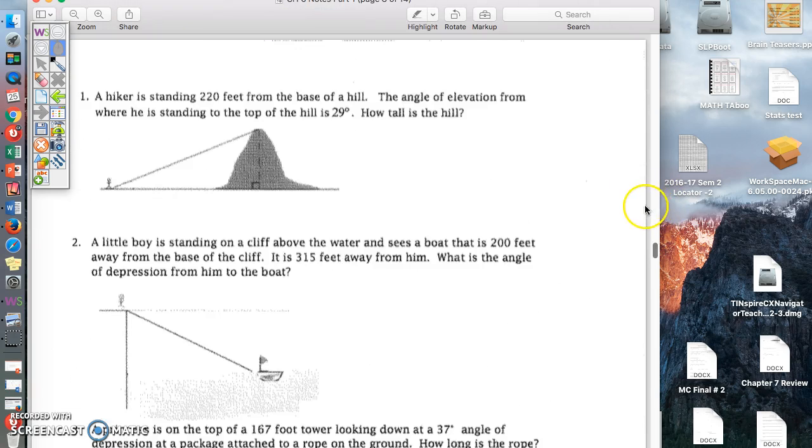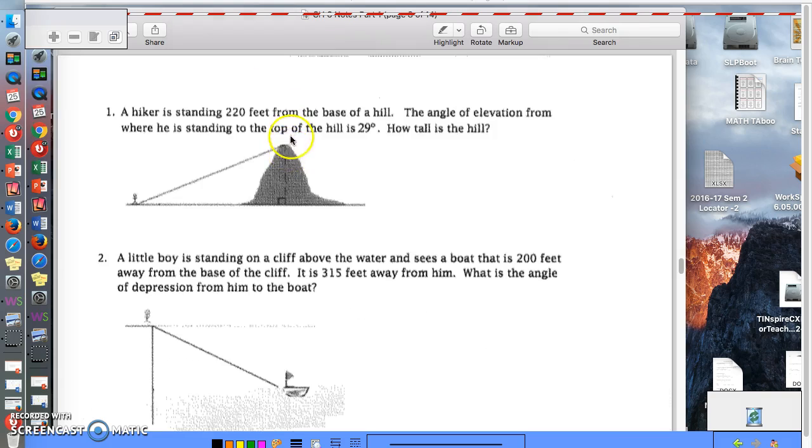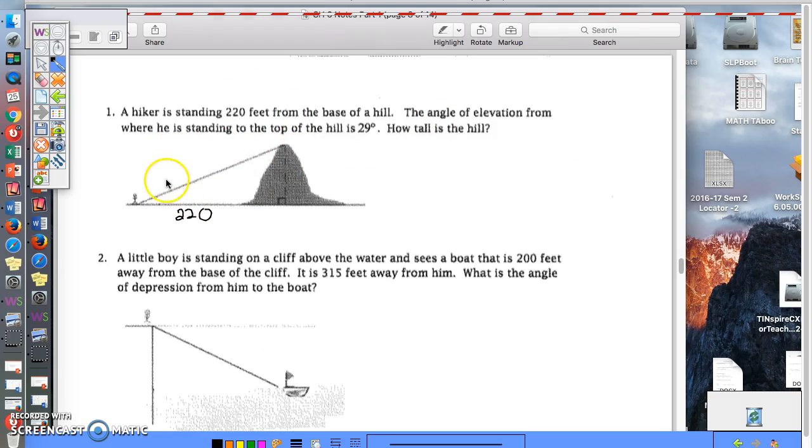So on the back page here, we have a hiker, and our hiker is standing 220 feet from the base of the hill. The angle of elevation is 29 degrees, so horizontal and line of sight. We want to know how tall that hill is, x. Well, what trig function would we use? This is opposite and adjacent.